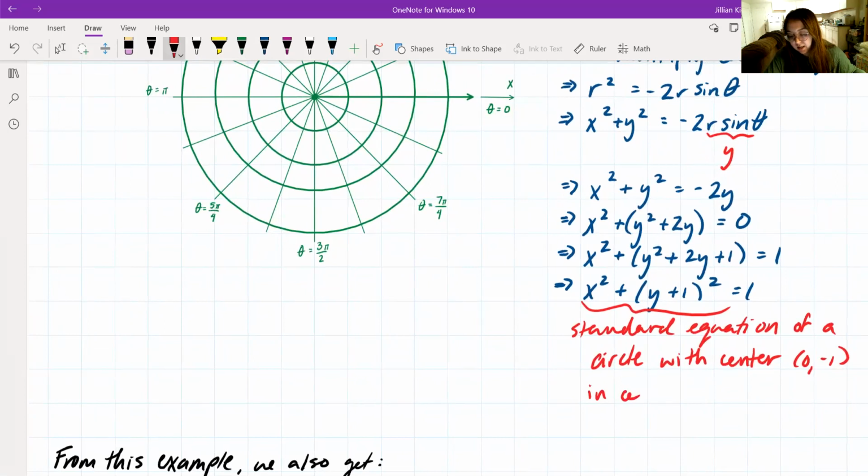And this is in rectangular coordinates. I'm going to write coordinates as COORDS to shorten it up. And lastly, we identify that it's going to have a radius of 1.